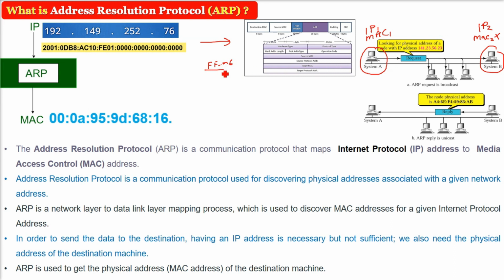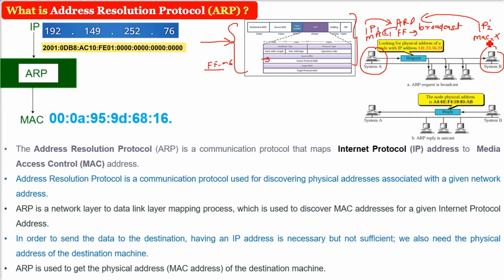So ff.ff.ff.ff.ff.ff is placed. That is the broadcast message. System A wants to know the MAC address of the other system. So it will send an ARP message with its own IP, its own MAC, and the IP of system B without the MAC. If it is not the MAC, then it has to send some address. That is the broadcast address. That is why this ARP discovery is a broadcast message. Okay.